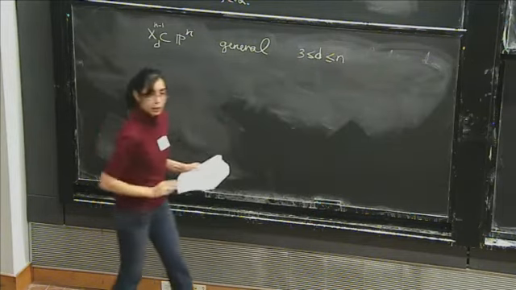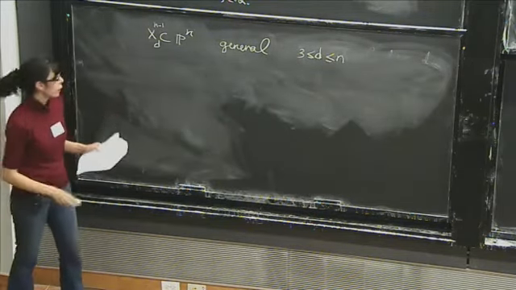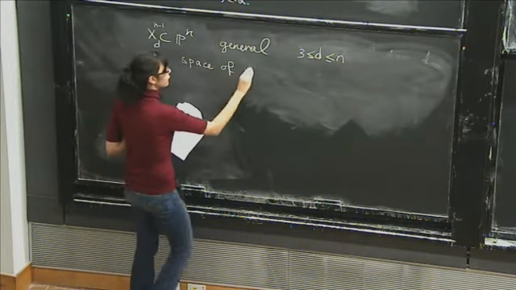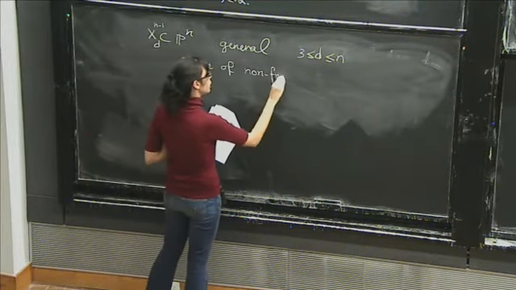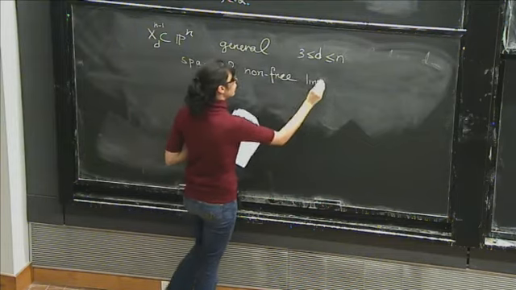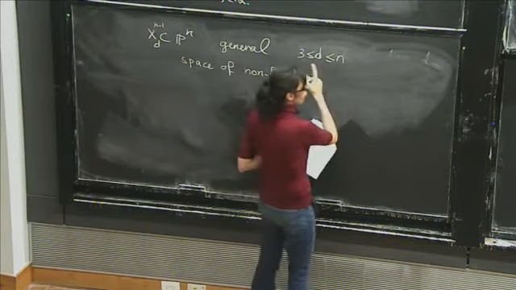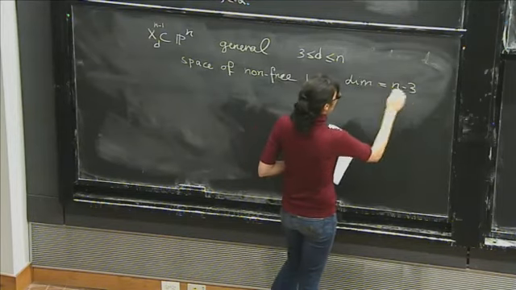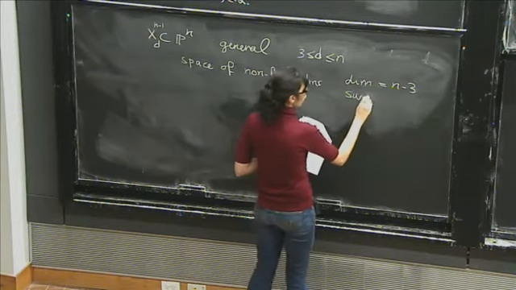Then if you look at the lines on X which are not free, the space of non-free lines here is always of dimension n minus 3, and they sweep out a divisor in X.